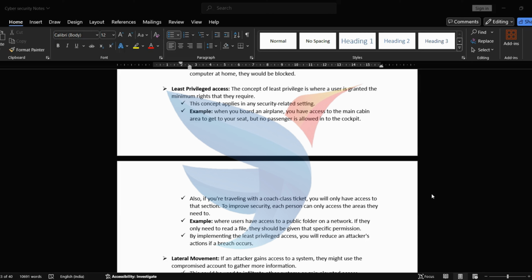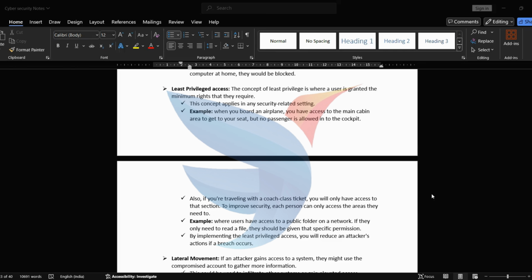But no passenger is allowed into the cockpit. Also, if you are traveling with a coach class ticket, you will only have access to that section. To improve security, each person can only have access to the areas they need to.